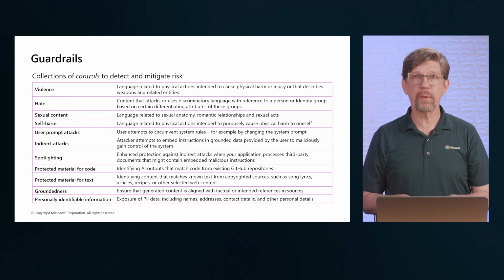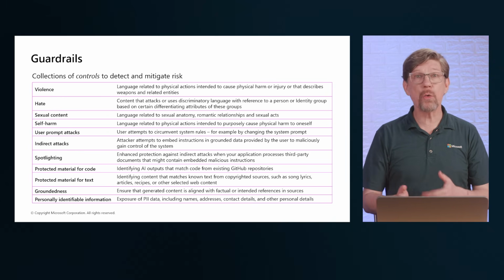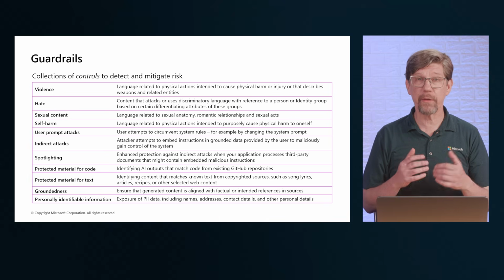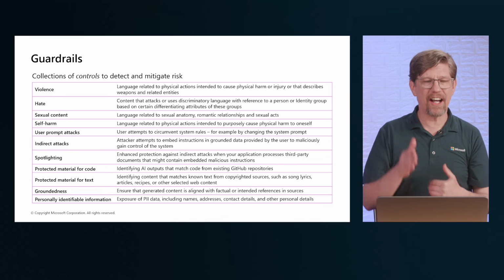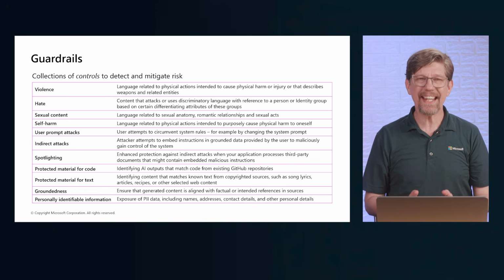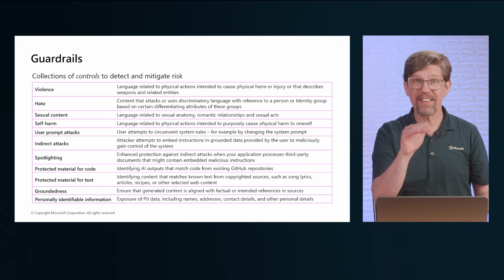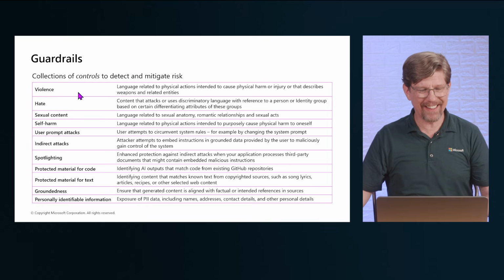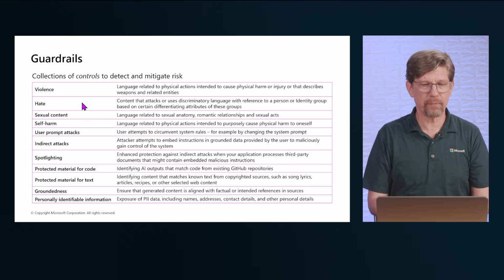One of the tools that we have available to us, and this is in those safety tools that you saw that I was talking about, the safety tools that were on the way in and on the way out, are tools called guardrails. And in guardrails, we can look at a conversation and rate that conversation on a series of risks.